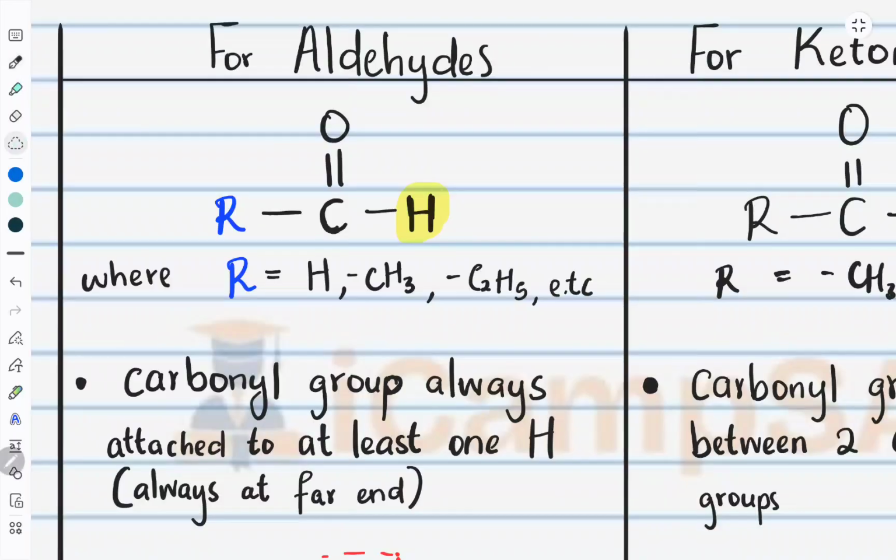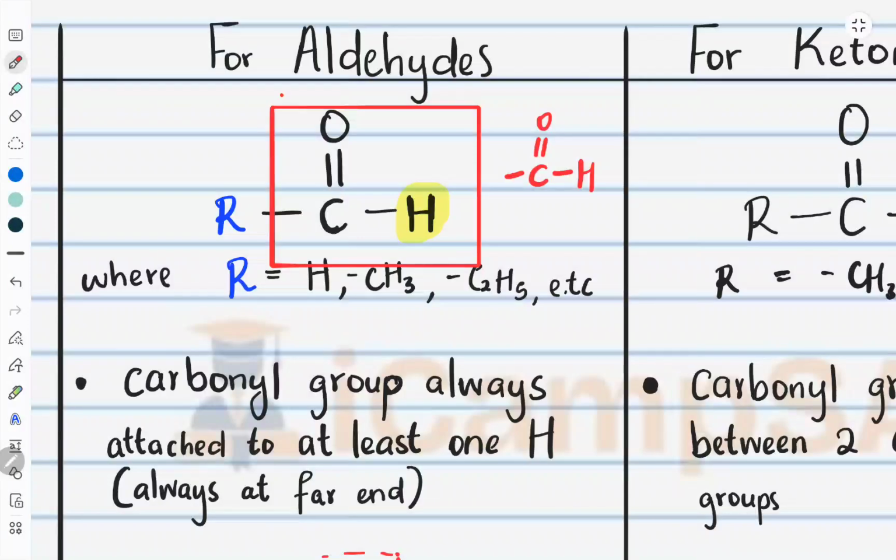So once we start talking about the formyl group, we are referring to this whole structure for aldehydes. This is our formyl group. That's the functional group for aldehydes, to be more specific.